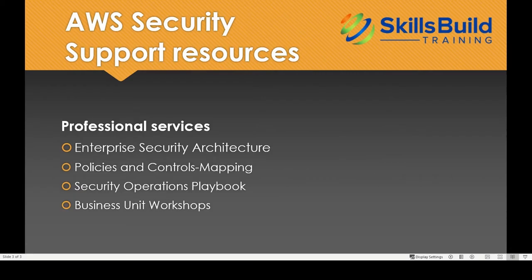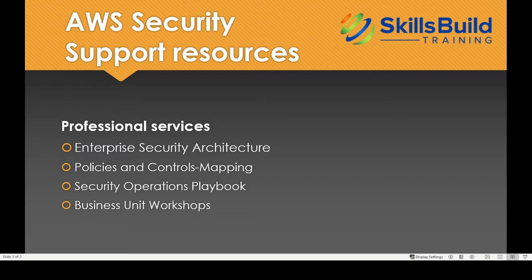Other than that, we also have professional services. So AWS Professional Services and the AWS Partner Network can help you create more comprehensive solutions to security problems. Everything from strategic advice, deployments, to re-engineering your security processes.